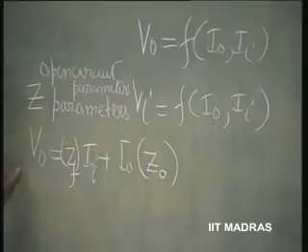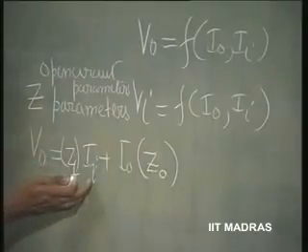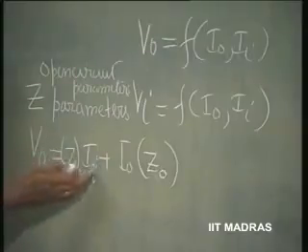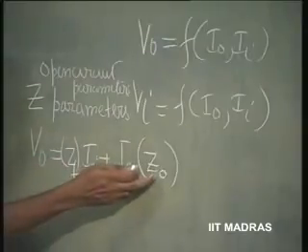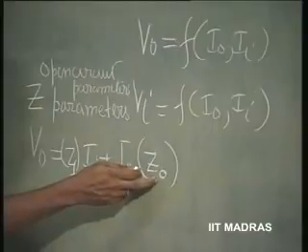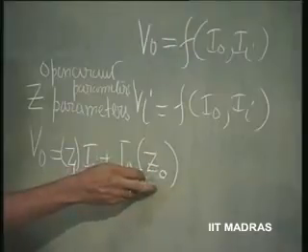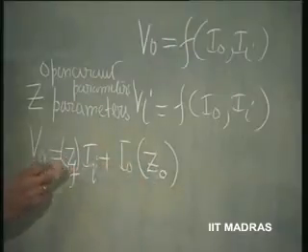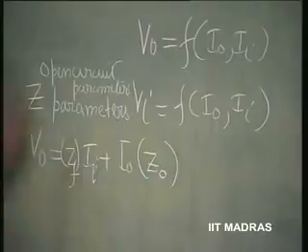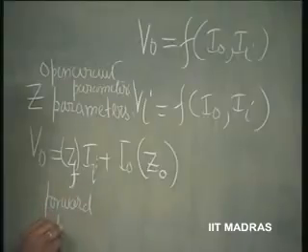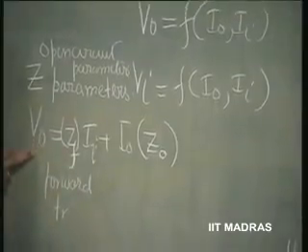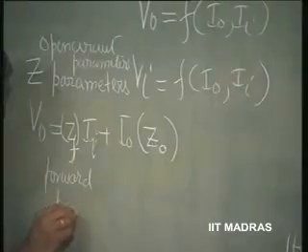This is what is called the forward transfer parameter. Something happens at the output because something is happening at the input. So, this is called the forward transfer parameter. This is called the open circuit output impedance. This is called forward transfer impedance, right. So, this F indicates forward transfer from input to output.